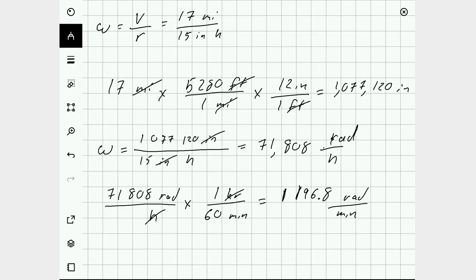What I'm looking for again was revolutions per minute. So as one last step, I will remember that one revolution, one complete circle, is 2 pi radians. So I will take my 1196.8 radians per minute, and I will multiply that by one revolution over 2 pi radians, so that the radians cancel each other out. Again, I know radians aren't really a unit.